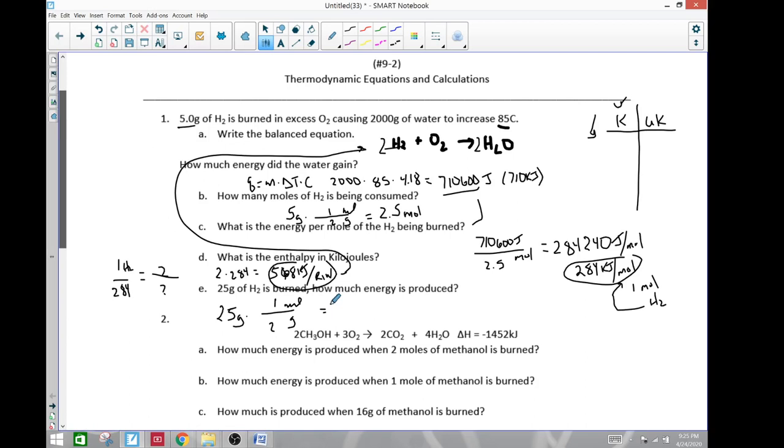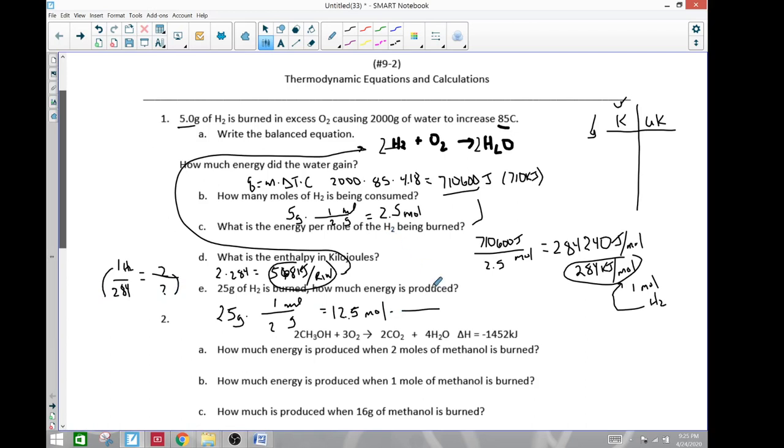So 12.5 goes here. 12.5 moles. And you would note that's 5 times more moles than that. It should be, yep. And then for every, now we use the delta H here. So, or a ratio, I could use 1 to 284 or 2 to 568.